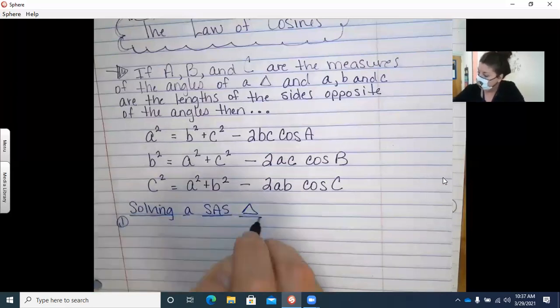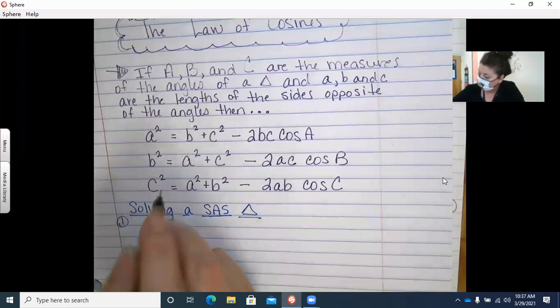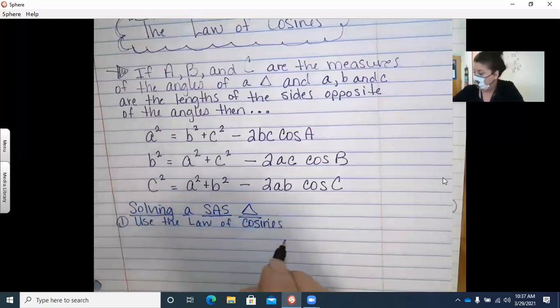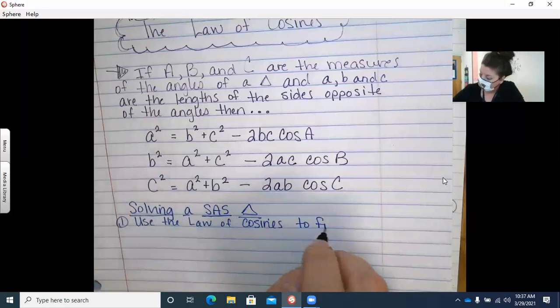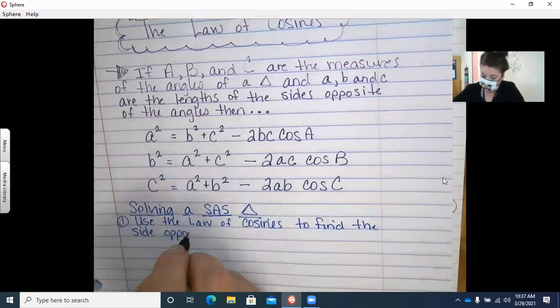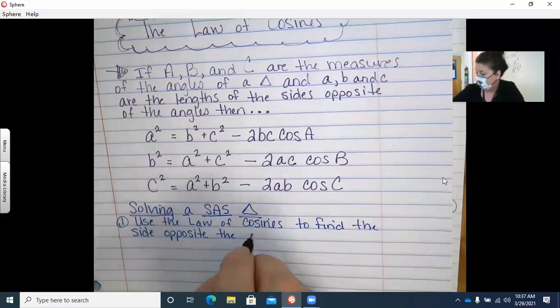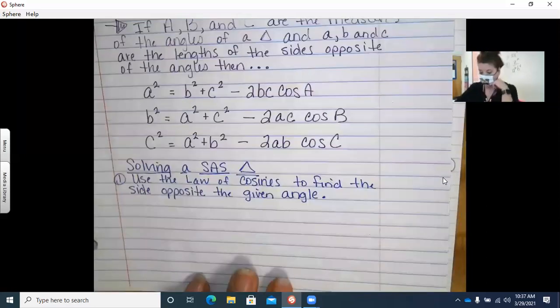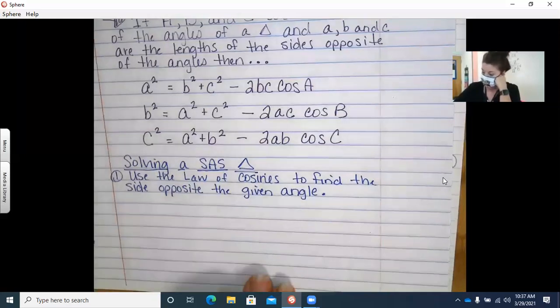Use the law of cosines to find the side opposite the given angle. Step 2.